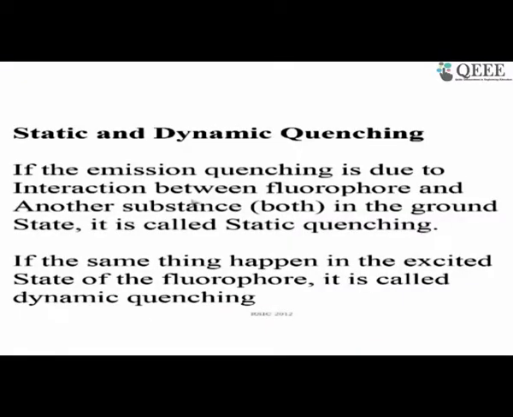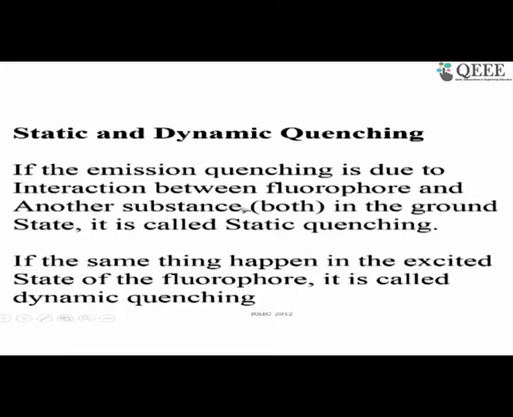We also said yesterday that there are two different types of quenching. One is called static quenching, another one is called dynamic quenching. As the words suggest, static is a phenomenon happening in the ground state, and dynamic is a phenomenon happening in the excited state.